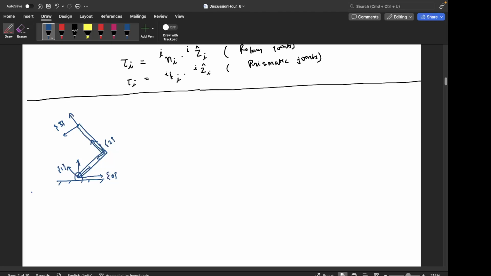And the force can be written as F3, where the left superscript denotes that I'm writing F in the third frame, the frame at the end effector, and that is Fx, Fy, and 0.